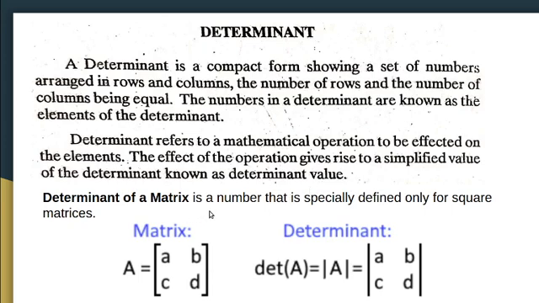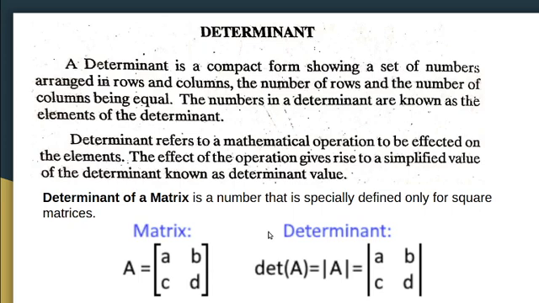So the determinant of a matrix is a number that is defined only for square matrices. We can do the determinant operation only on square matrices.